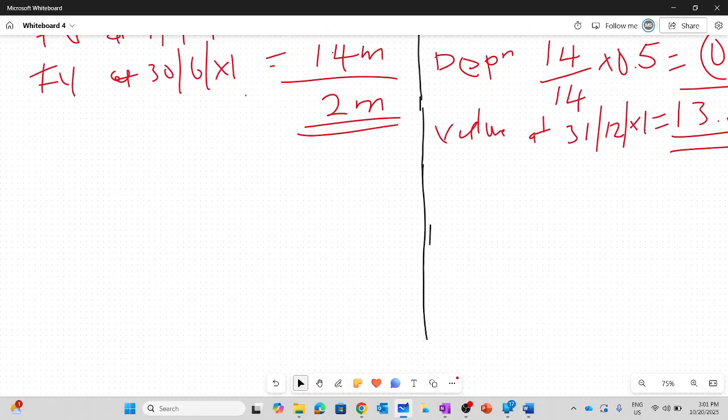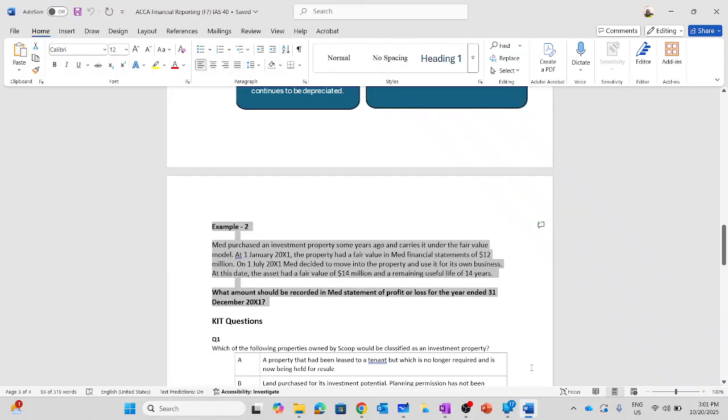We are going to show the gain on the fair value, and also the depreciation. These are the two items we are going to show in the statement of profit or loss for this particular example. So now we can continue.